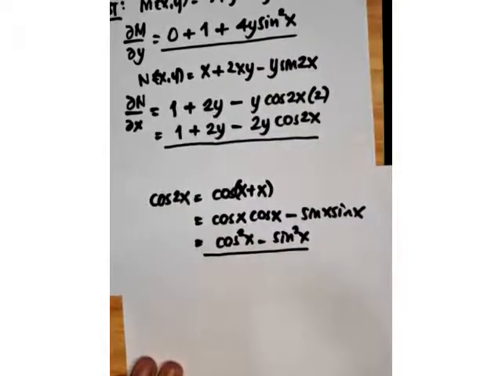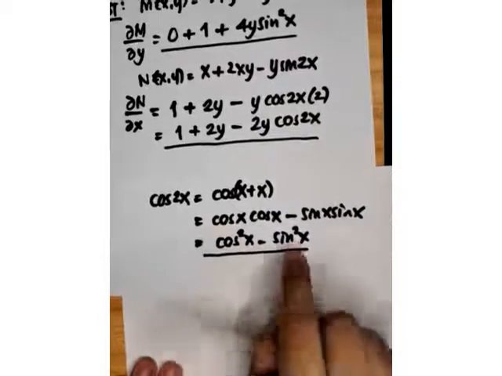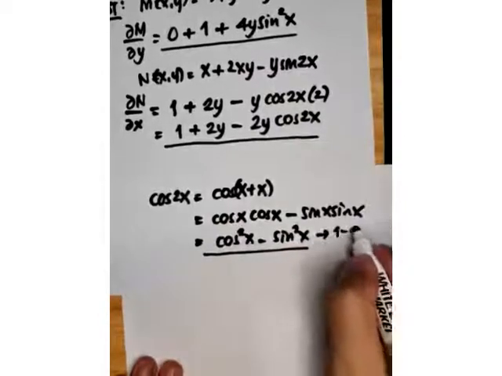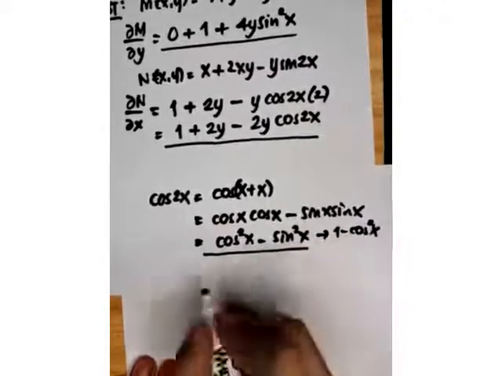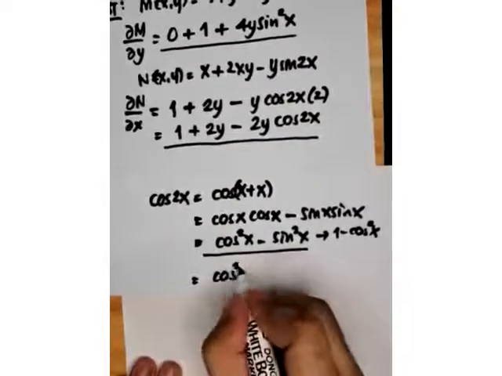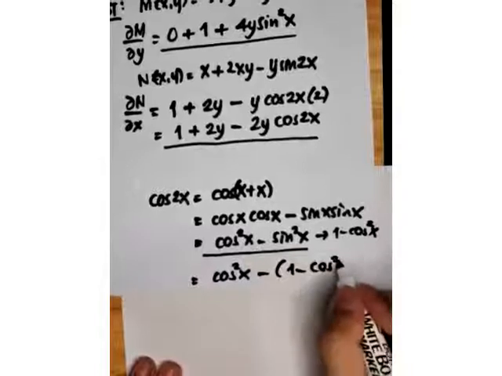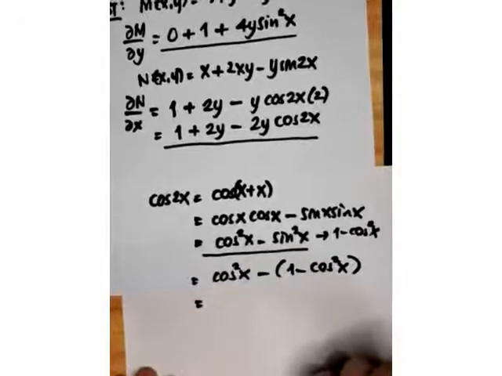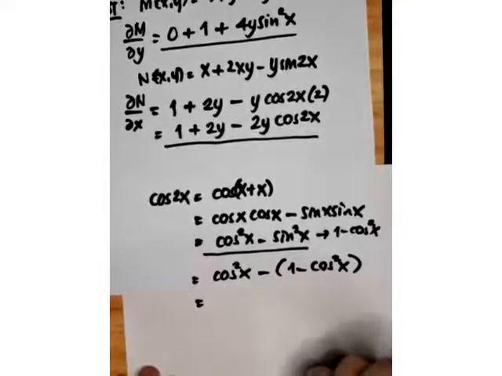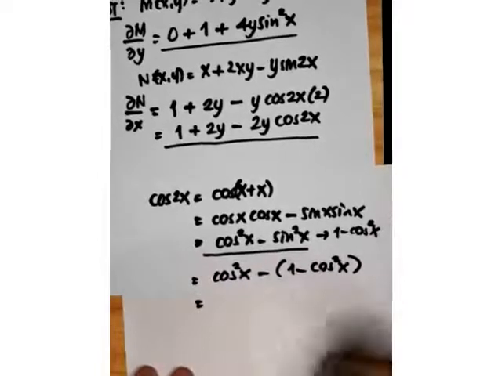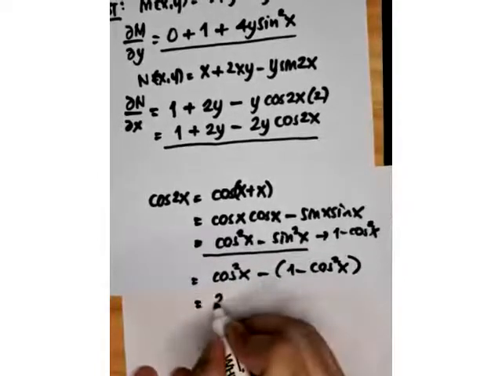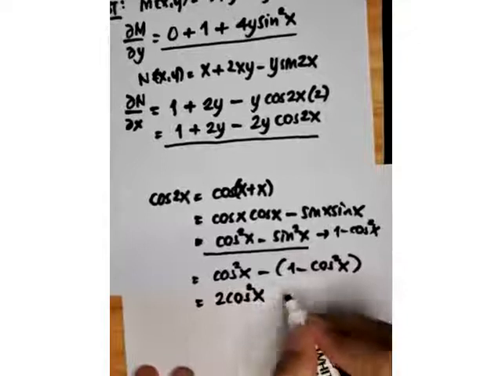The second, let's transform 1 into 1 minus cosine squared x. So that's equal to cosine squared x minus 1 minus cosine squared x. Magpapositive ito, so 2 cosine squared x minus 1.